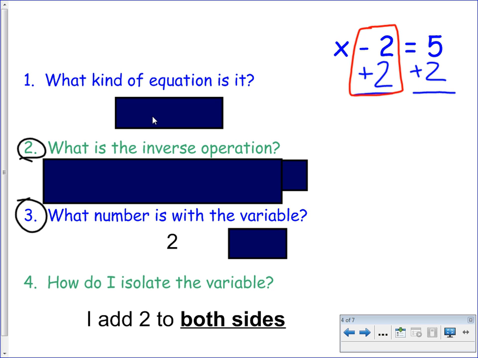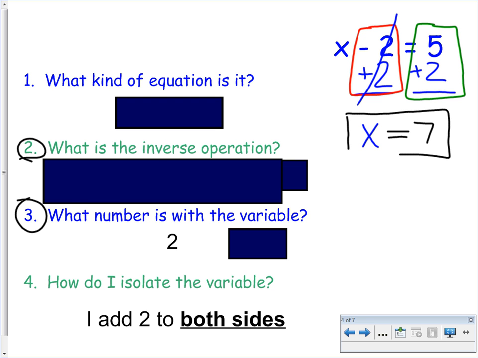Negative 2 plus 2 is just 0, so that cancels out, and the only thing we're left with on the left side is x. Now we have to do the other operation, 5 plus 2. We know that 5 plus 2 is 7. So our answer is x equals 7.